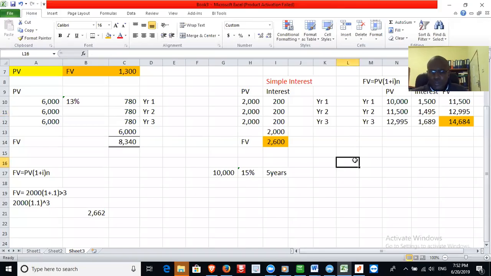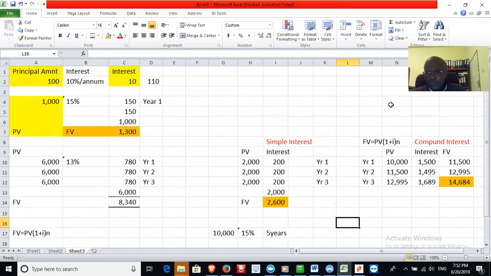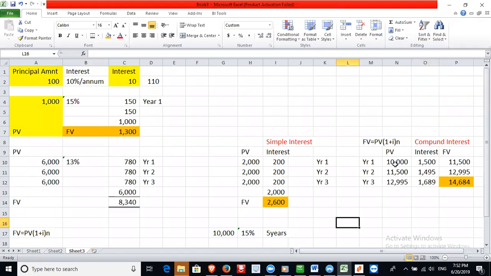Let's continue from where we ended. What is your future value of the 10,000 that you have invested? 1,500.